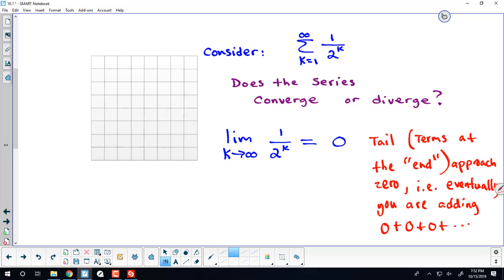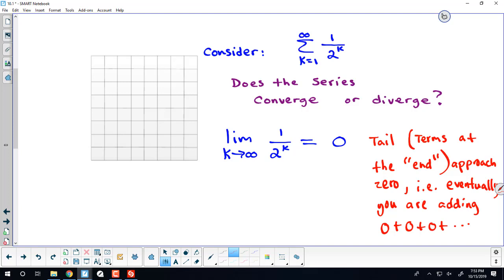So when we compute the limit as k approaches infinity on 1 over 2 to the k, 1 over 2 to the k is just the kth term. And so what we're saying is the kth term approaches 0. It doesn't say anything about us summing up all of those things before it.